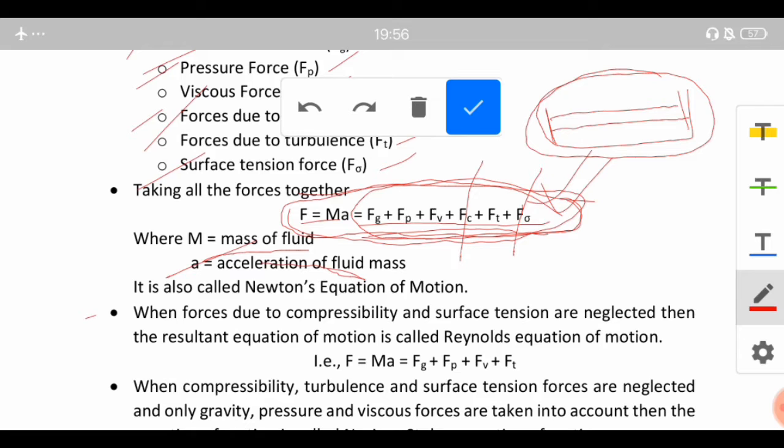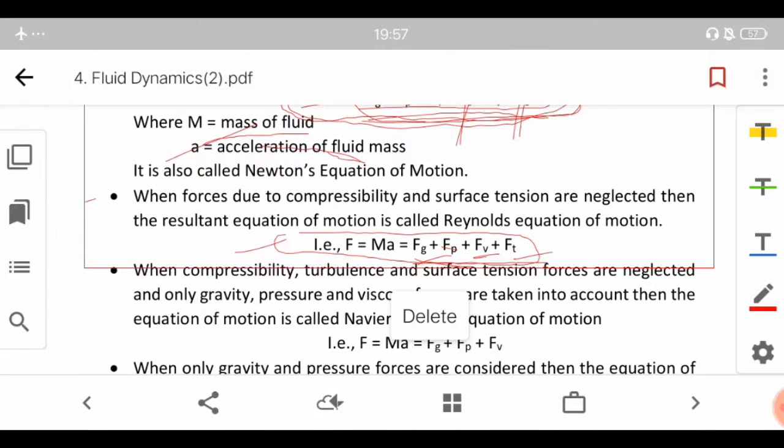So the equation of motion defined by Reynolds was excluding the forces due to compressibility and forces due to surface tension. So I get F is equal to ma, which is equal to Fg plus Fp plus Fv plus Ft. That includes the gravitational force, the pressure force, the viscous force and the force due to turbulence.